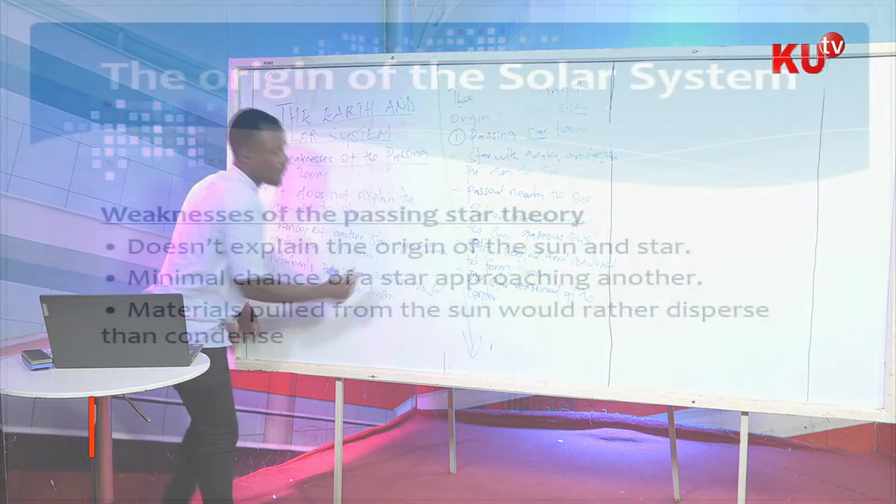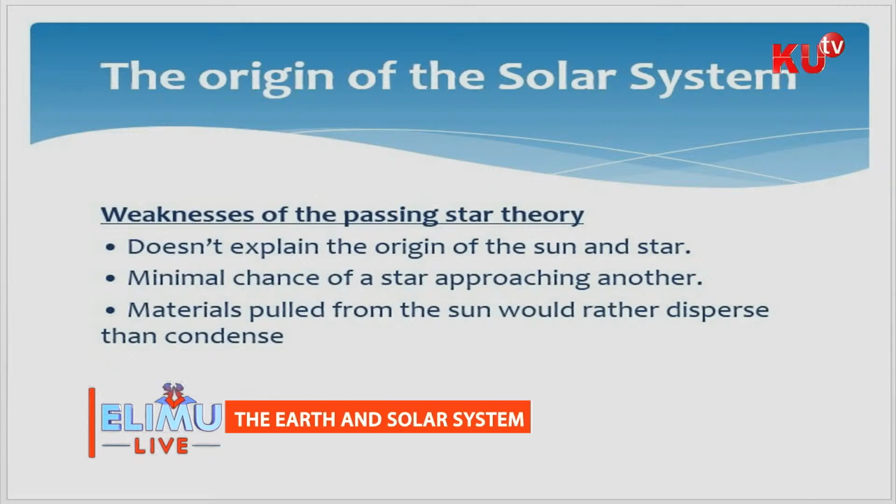The materials pulled from the sun would disappear rather than condense. So students, that is all about the weaknesses of the passing star theory.